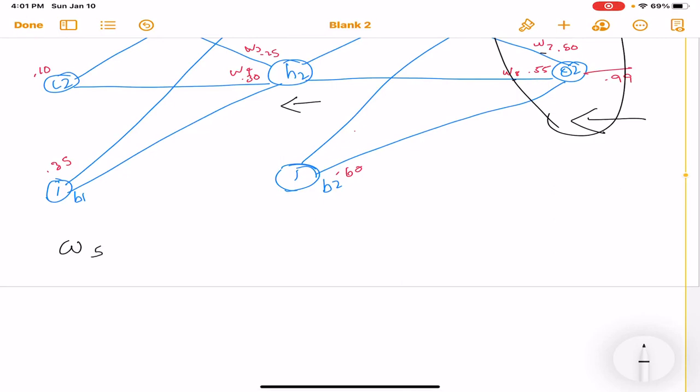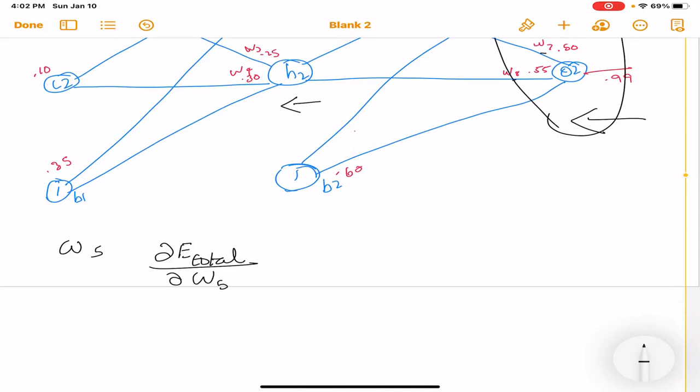Now, we want to know how much a change in W5 affects the total error. It is represented by dou E total divided by dou W5.